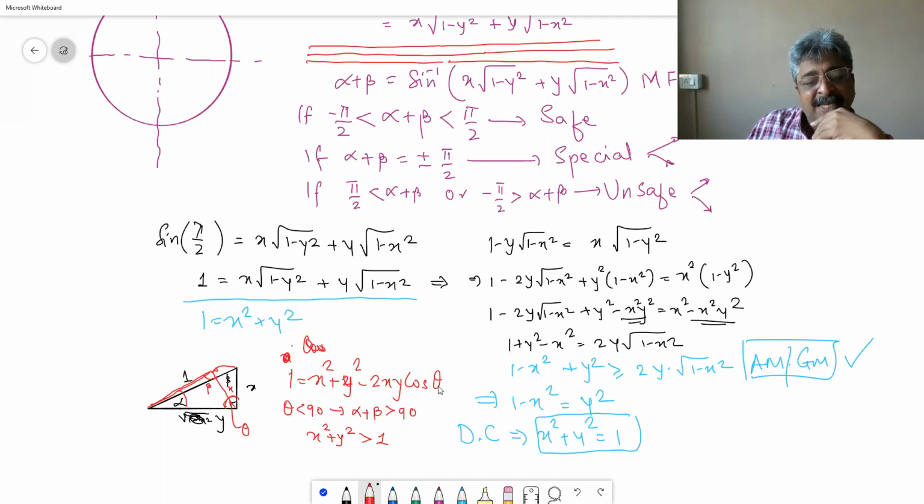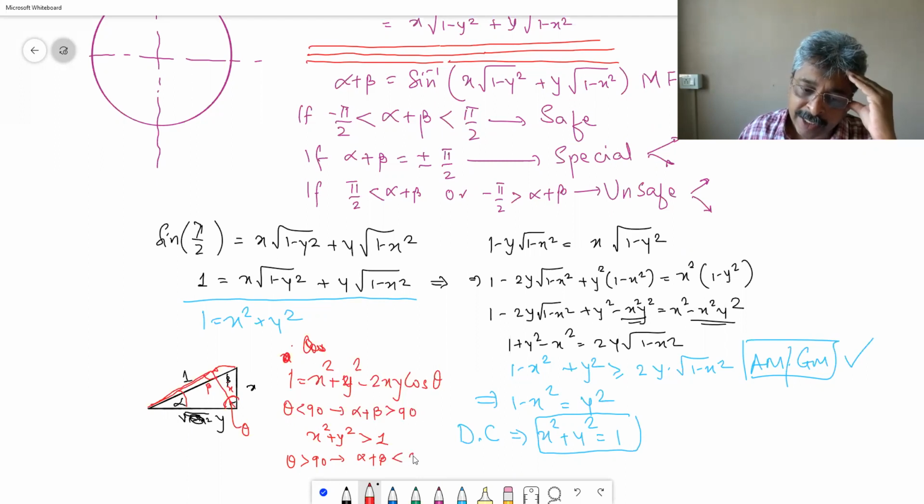Because if theta is less than 90, this quantity is positive and it is subtracted from x square plus y square, and then they become equal to 1. Okay, so x square plus y square is greater than 1. And if theta is greater than 90, it implies alpha plus beta is less than 90, and that means x square plus y square is less than 1.